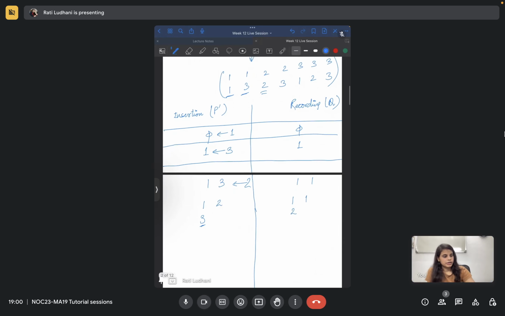Now we'll insert 3. In the first row, 1 2 3, there is nothing much to do here. So you'll get 1 1, and an extra box in the first row records 2.